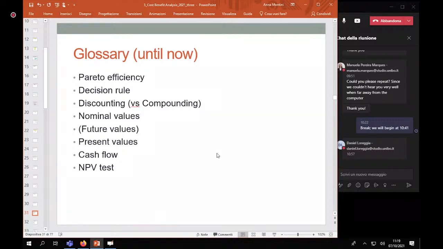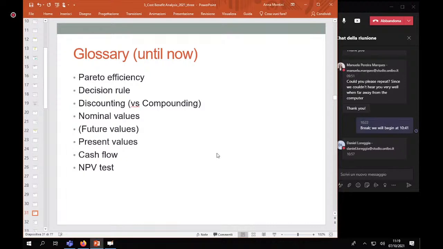Then we have spoken about discounting. Discounting is different with respect to compounding. Compounding corresponds to the logic that we follow when we want to calculate future values for an amount of money to be invested today at a particular interest rate.